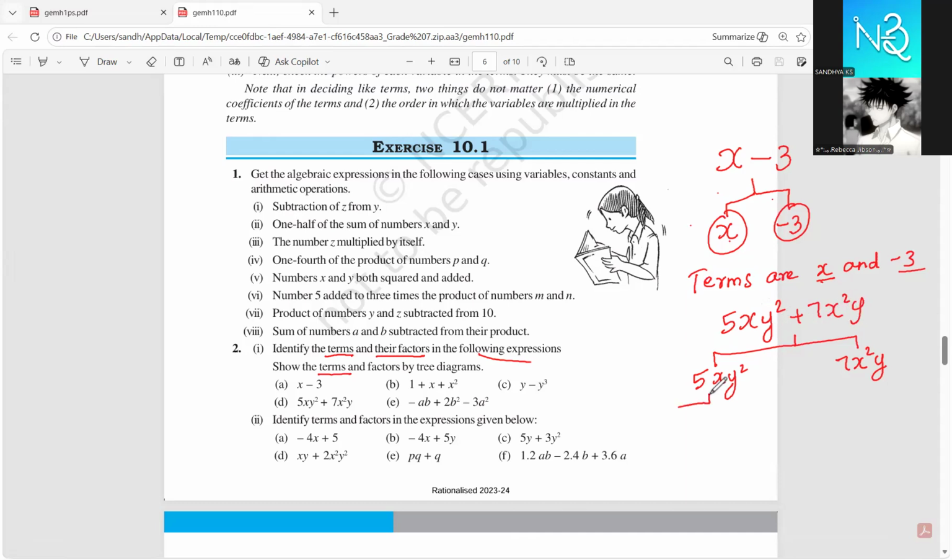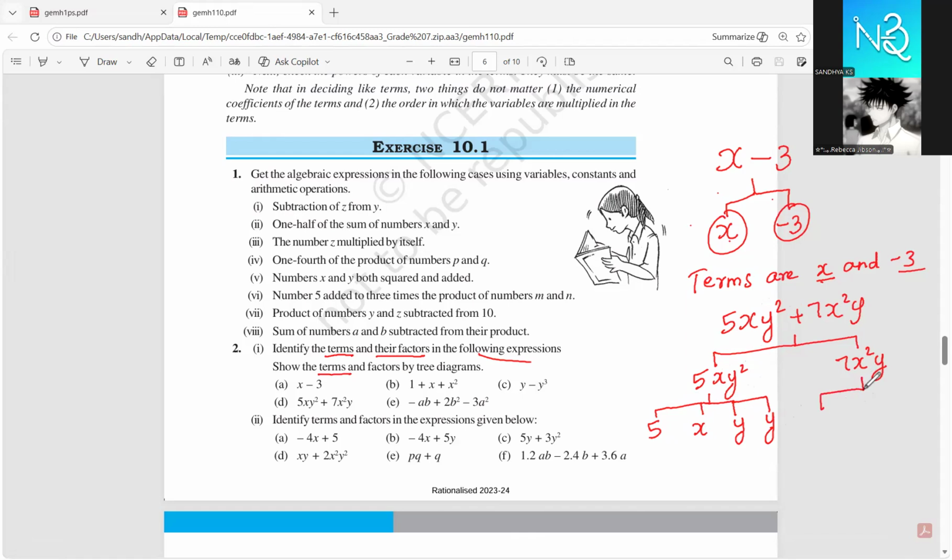Understood? Now, what are the factors of 5xy squared? 5, one factor. x, another factor. Then I have y. How is y squared formed? By multiplying y into y. So the factors are 5, x, y and y.